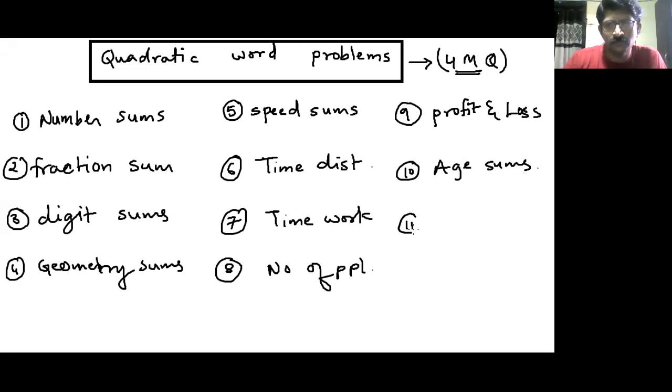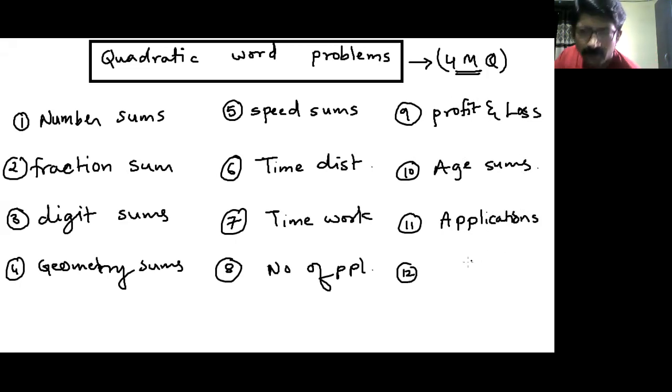Then there are some application type of sums. Then there would be some conditions, okay? And then we have to frame the equation, and then we're going to get a quadratic equation.